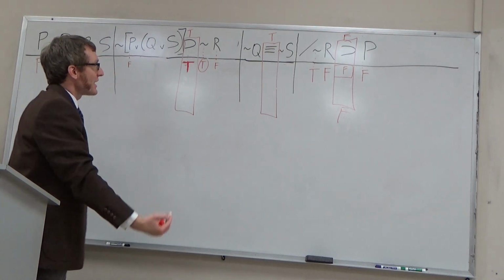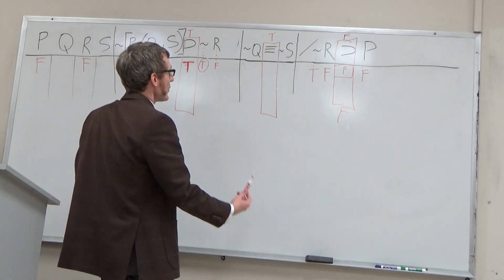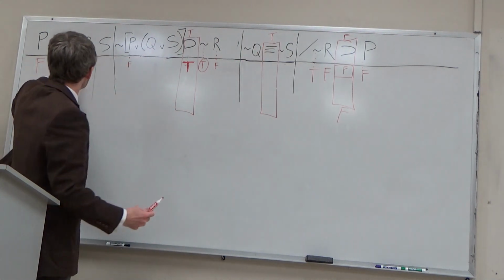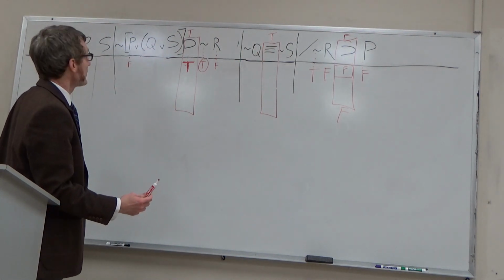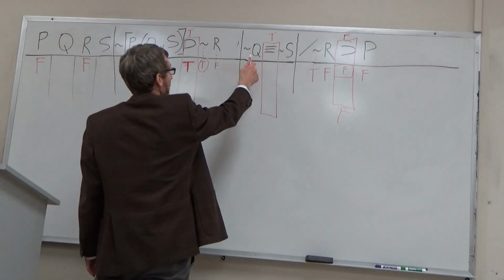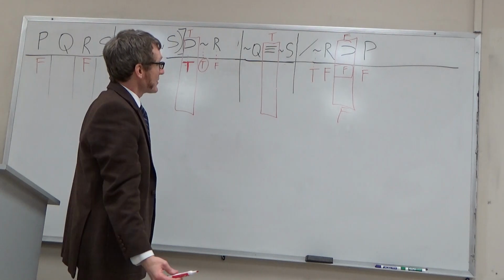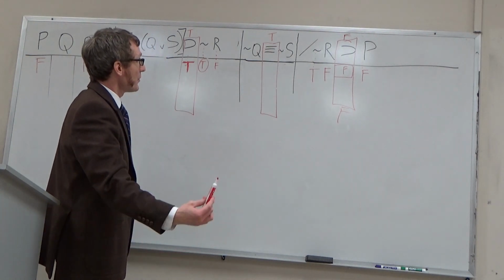All right, so now the only question is, is there any way that I can make this line true given these values? Well, I don't know anything about what Q and S are. So that means there's multiple possibilities here.